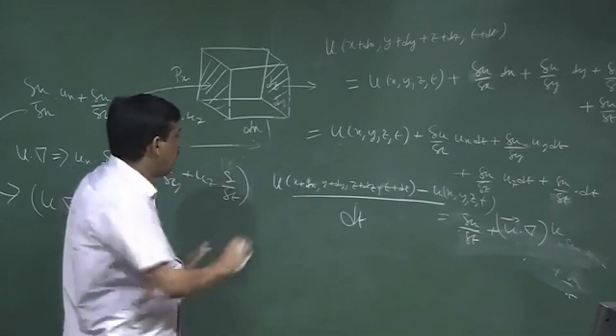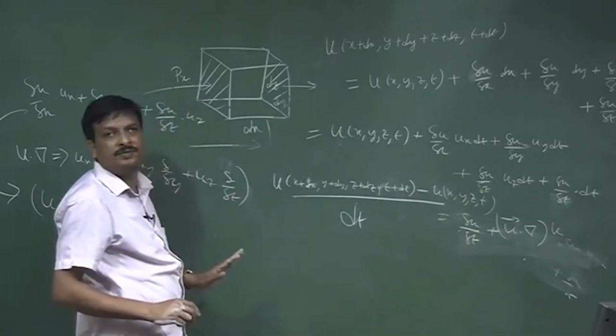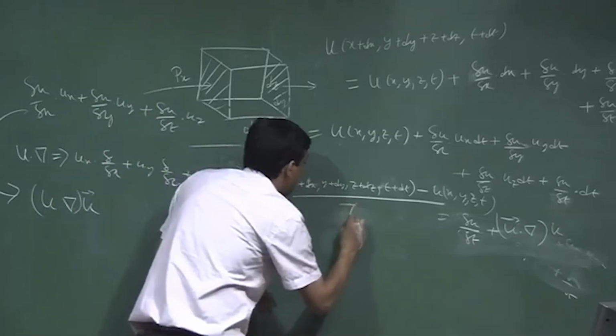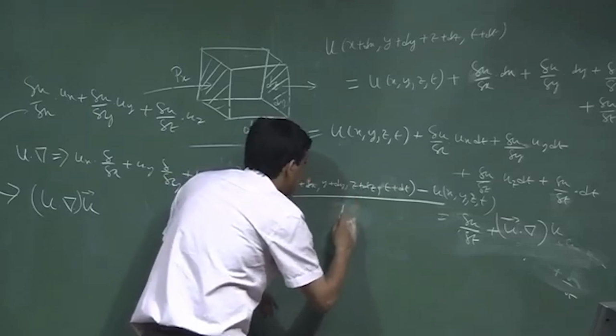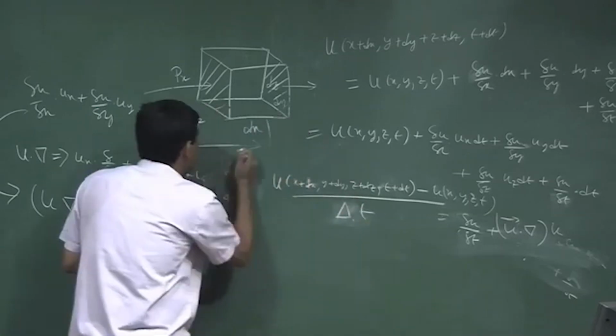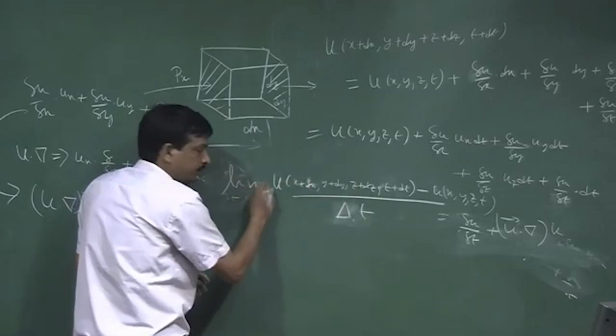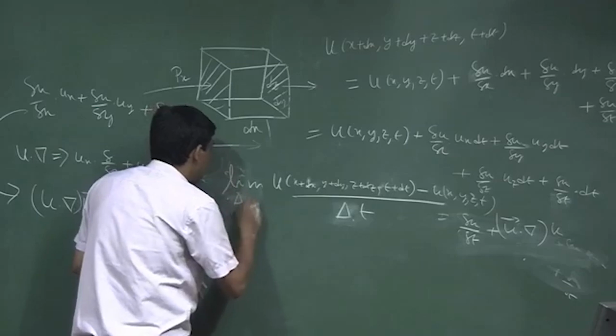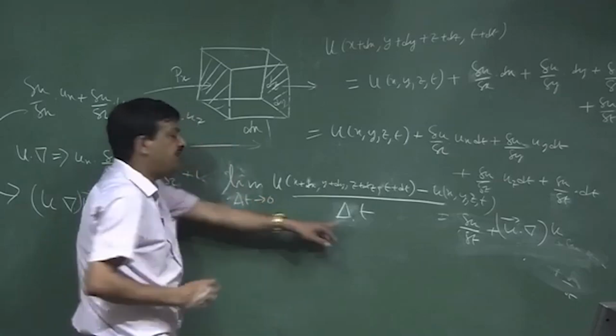Okay. Now, what is this? It is a del t. Now, if instead of del t I write delta t, then there will be a limit as delta t tends to 0, and then it is dt.